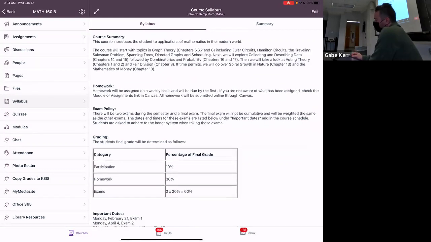Homework. Usually I say I won't accept late homeworks, but okay, it's COVID. Everything's kind of screwy. I'll probably accept it so long as there's a reason, but be in touch with me. Let me know if there's something going on.